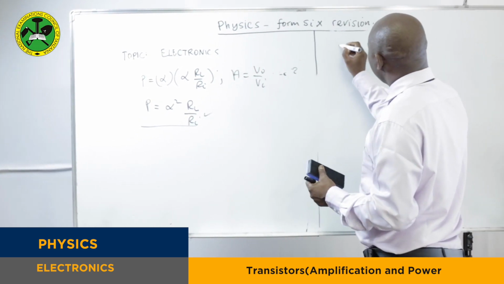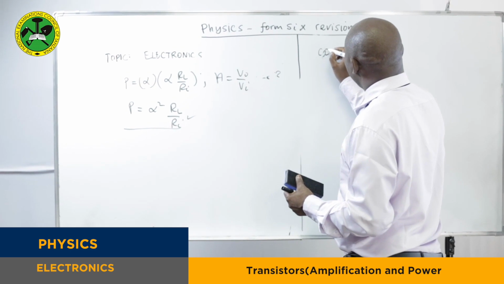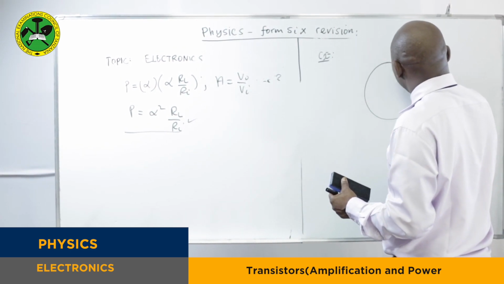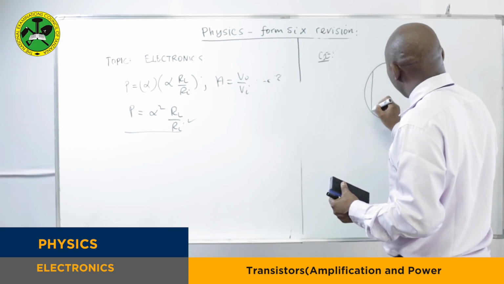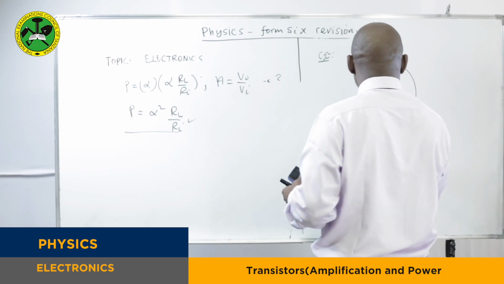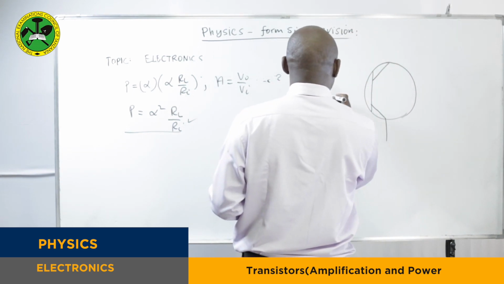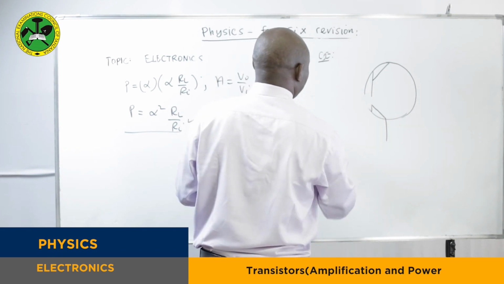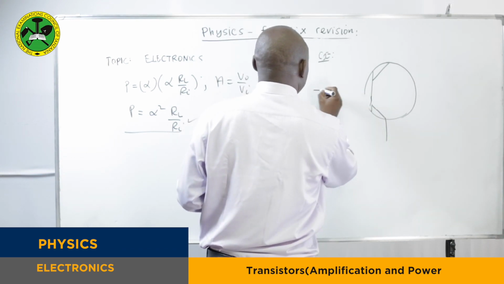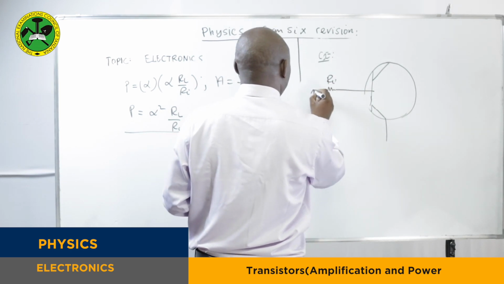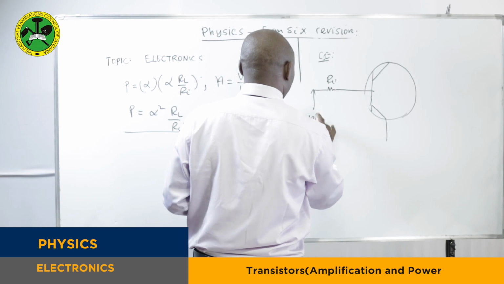Let's talk of the common emitter current gain. So you can have the circuit for the current gain for a transistor of this type, and let me use the NPN transistor. This is our input here, this is our input resistance here, and this is our input voltage applied here.